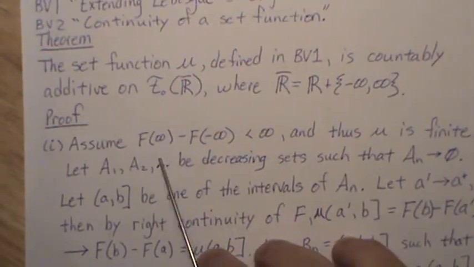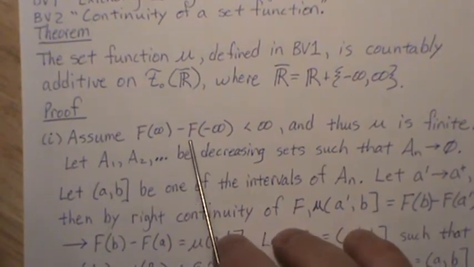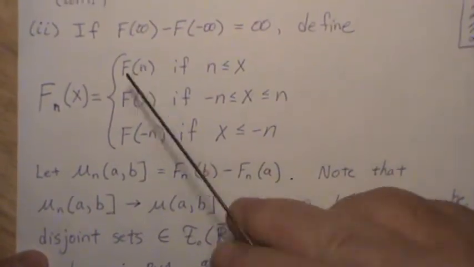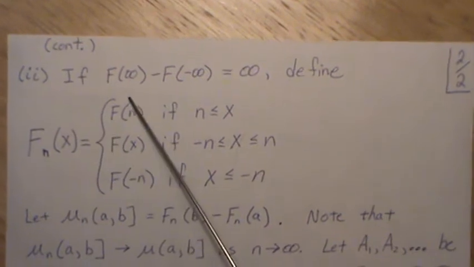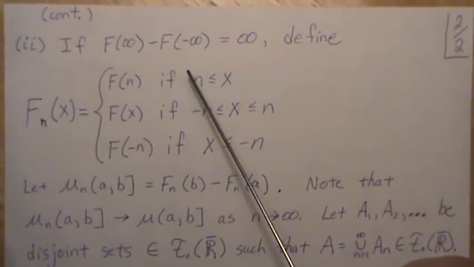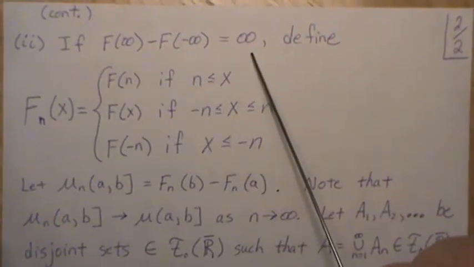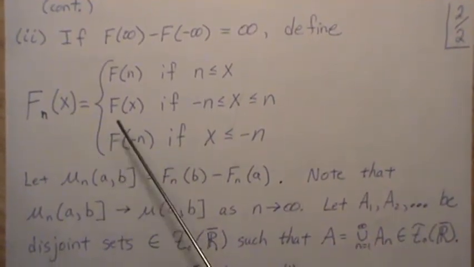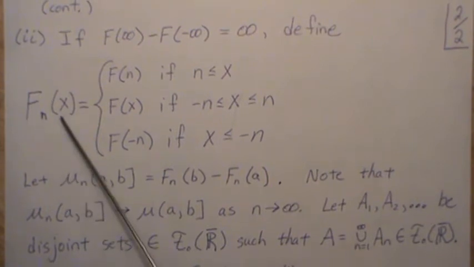But this is just one special case where the set measure is finite. So let's assume that it's infinite. So here, if F of infinity minus F of minus infinity is infinity, we're going to define a new F that kind of knocks down those tails. So we're going to call it F_n of x.